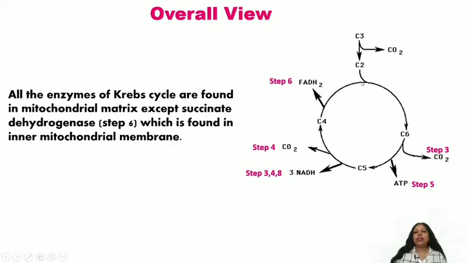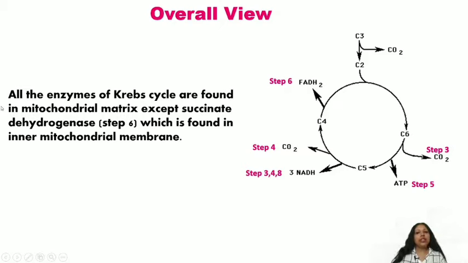The 2 carbon acetyl coenzyme A now forms a 6 carbon intermediate, then converts into a 5 carbon intermediate, then into a 4 carbon intermediate, and finally the 6 carbon intermediate is replenished again. So it is a cycle which gives CO2, ATP, and sometimes GTP, NADH and FADH2 on the way, correct? So that's why it is known as a cycle.